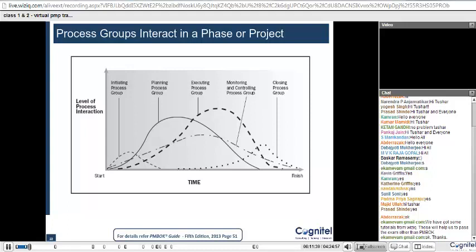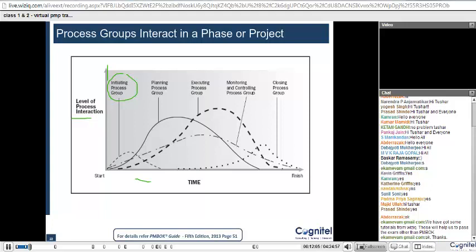On the y-axis, on the left hand side, you would find the level of interaction, and the time is on the x-axis. At the start of the project, the most interactive process group is initiation, because that's the process group that you take up when the project starts.